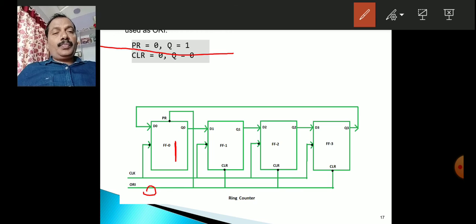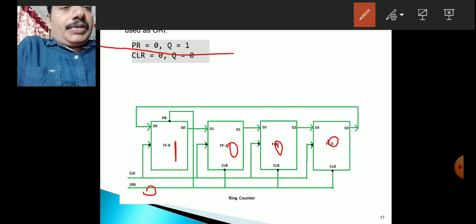This is the active low preset control. This is the active low clear signal. Hence all others are made to zeros. Whenever override input is 0, this is the initialization.